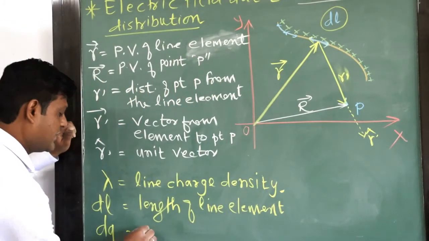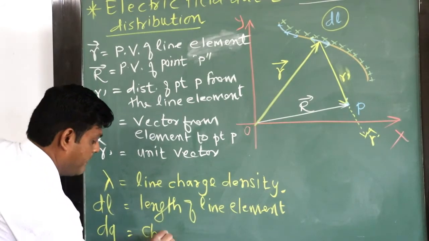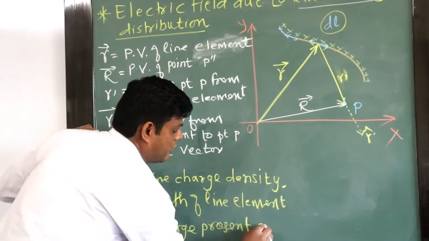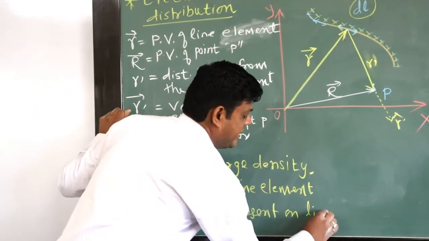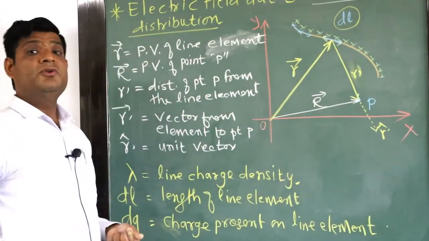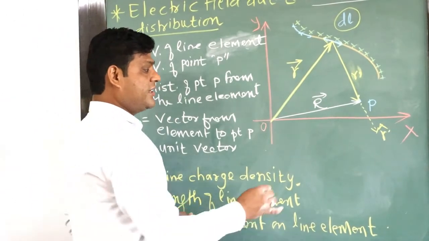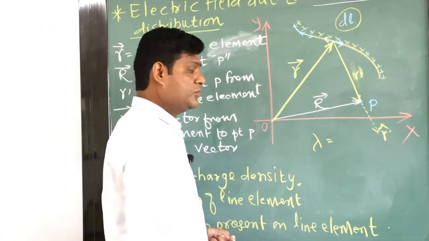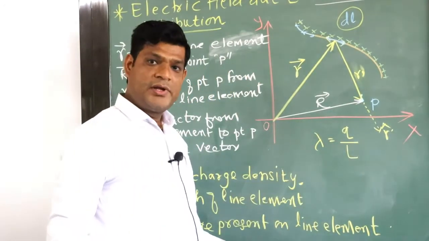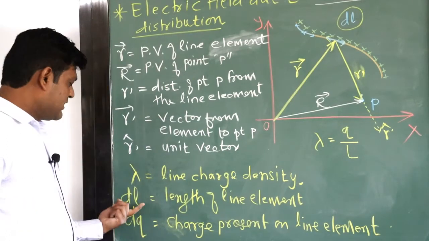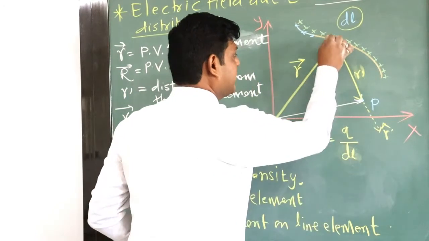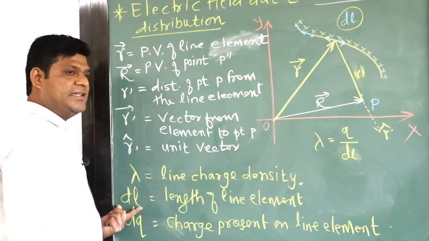So dq is the charge present on the line element, right? What we know from the previous study is line charge density lambda equals charge per unit length. Suppose L is the length. Over here, what is the length? That is dl. So we will replace this capital L by dl. For the line segment we are discussing, length is dl.